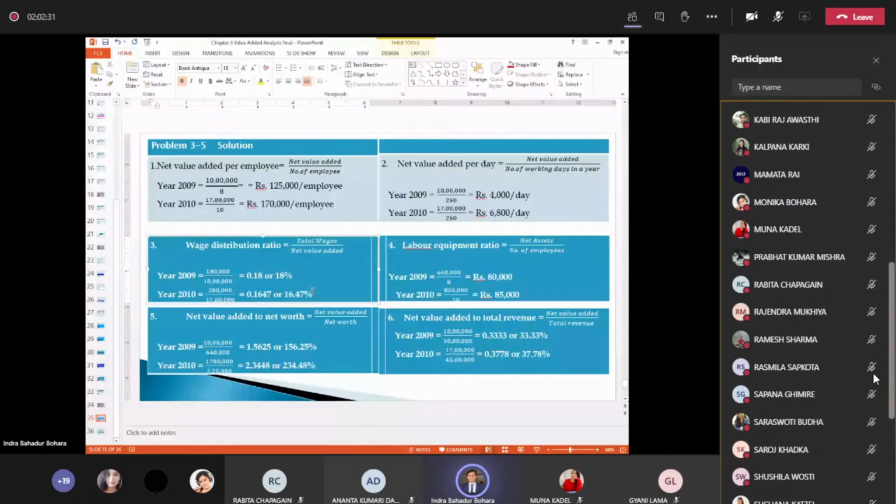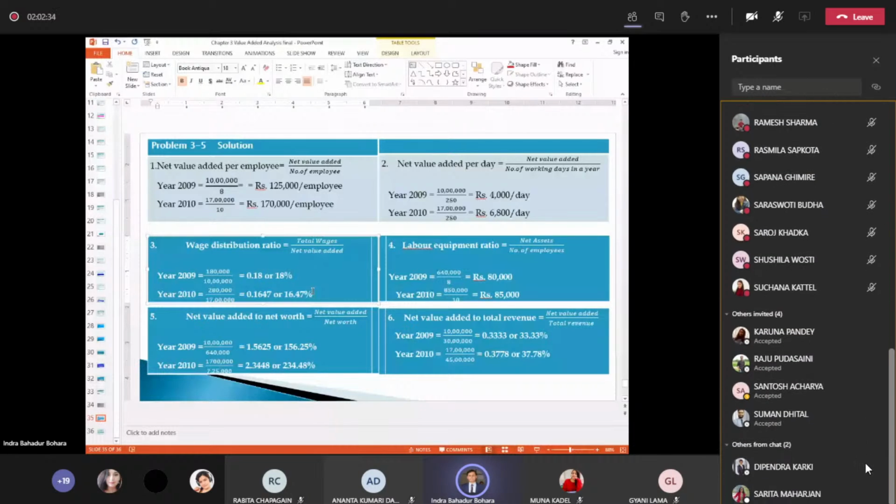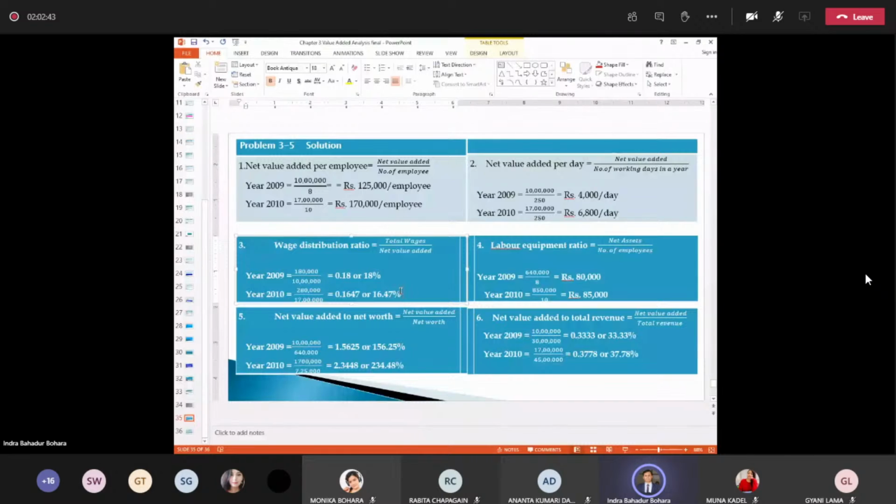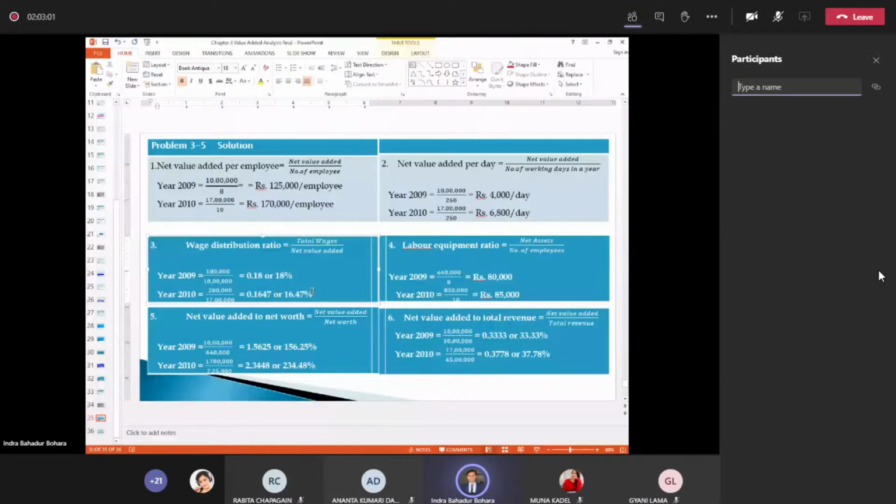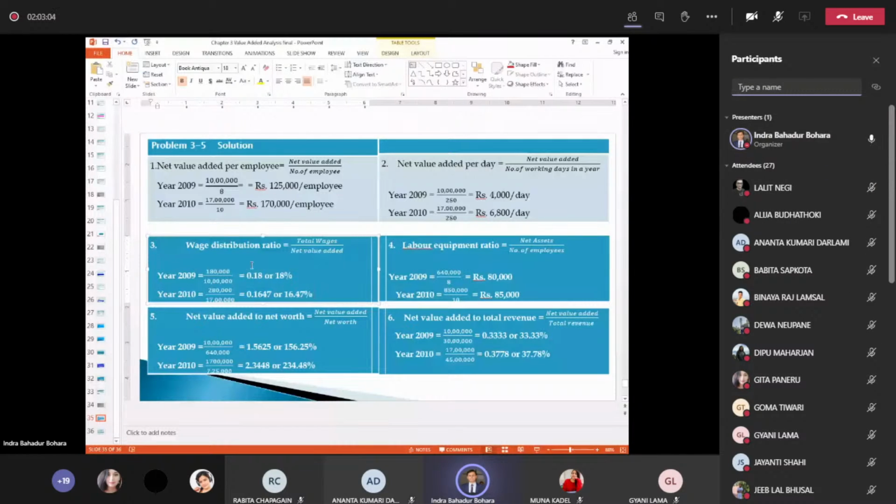So it is better for the company, but negatively it may have an adverse effect because employees may be demotivated from this wage distribution ratio. Labor union and labor experts calculate the wage distribution ratio, analyze it and communicate to the employees, and the employees can be demotivated. But with respect to the company, directly it is better. In terms of shareholders' perspective, it is better. Like this, you should explain.